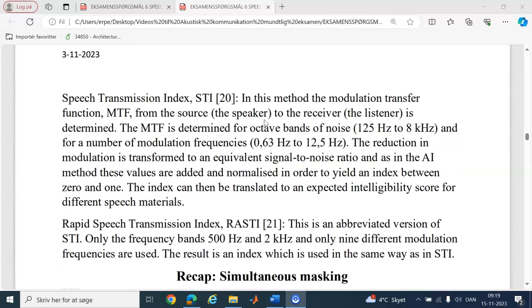Then we have the speech transmission index, STI. In this method, the modulation transfer function, MTF, from the source, the speaker, to the receiver, the listener, is determined.